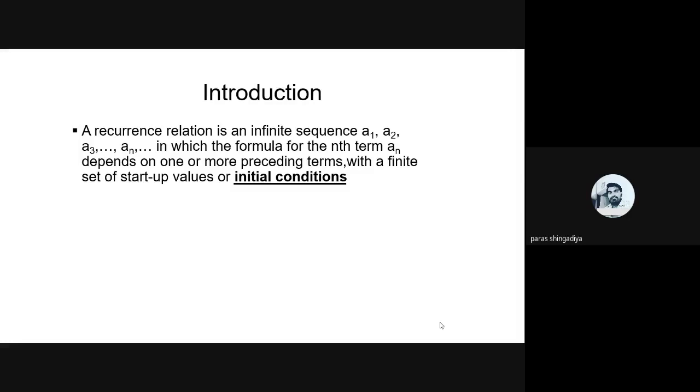A recurrence relation is an infinite sequence, A1, A2, A3 up to AN, up to infinity, in which the formula for the nth term, that is AN, depends on one or more preceding terms, with a finite set of startup values, meaning initial conditions. That is the meaning of recurrence relation.